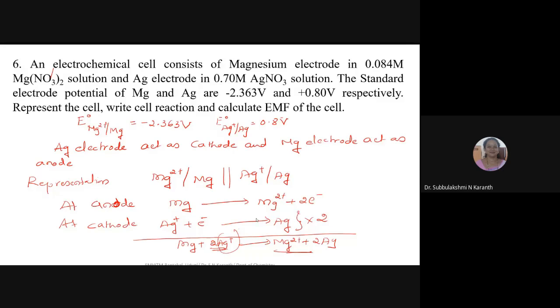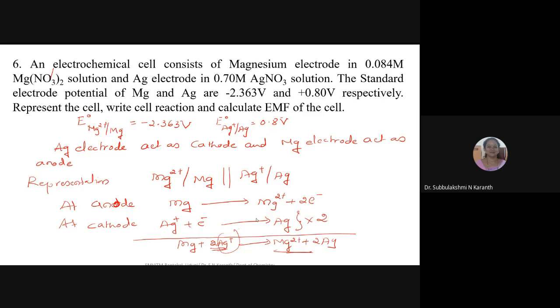See, in this cell you are given two electrolyte concentrations. Magnesium electrolyte concentration is 0.084 and silver electrolyte concentration is 0.70. The standard electrode potential of magnesium is minus 2.363 and silver is 0.8 volt. Represent the cell: Mg2 plus bar Mg double bar Ag plus bar Ag.